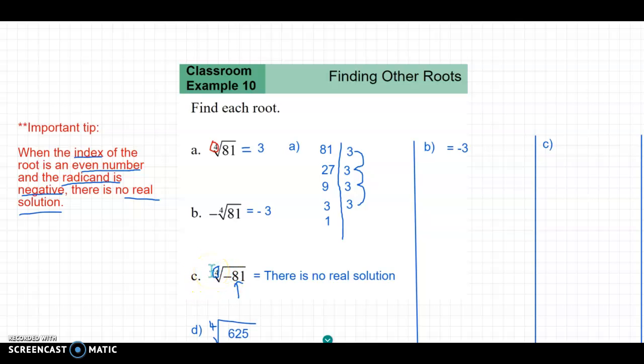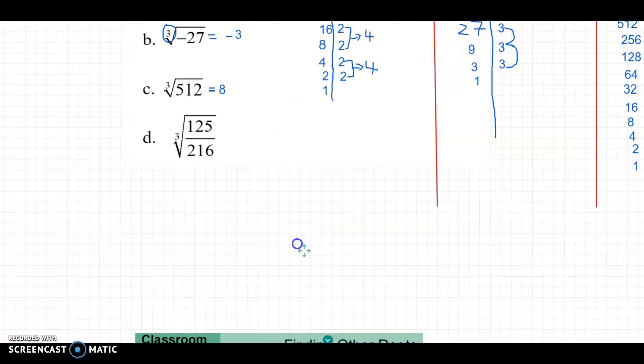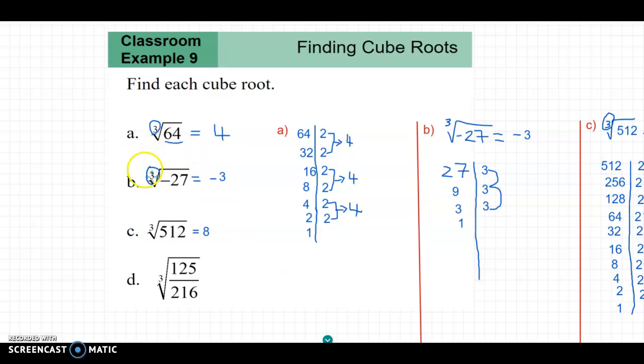What happens if it's an odd number? For example, as we saw in the last example, the cubic root of minus 27. Here it's possible, because if you multiply minus 3 times minus 3 times minus 3, negative times negative times negative, that will finally be negative.